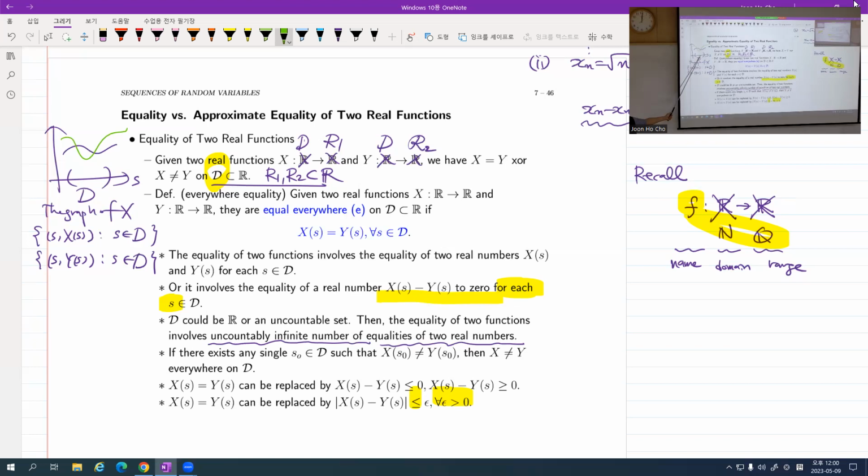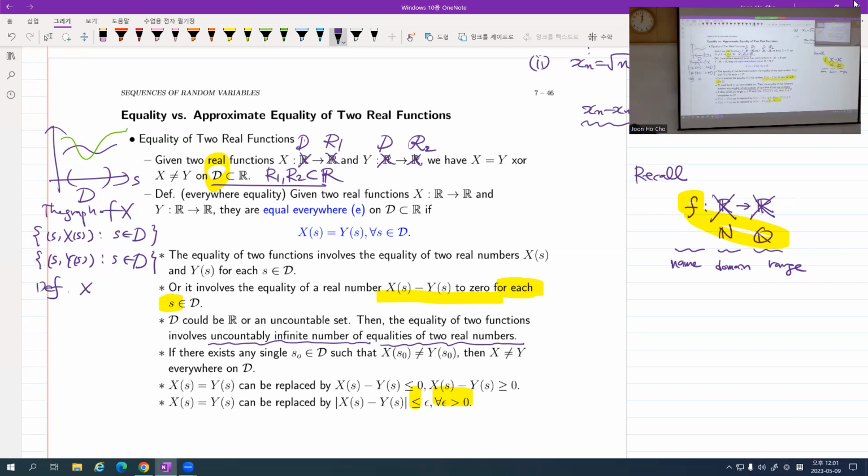However, you will never say these two functions are the same, because on the other points S in D, the values are different. Got it? So when could they be the same? For every S in D.